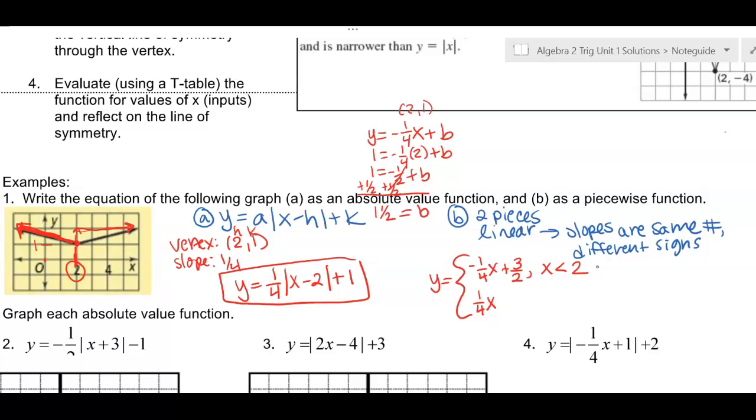And now I want to repeat this process for the branch that's on the right side of 2. And again, I don't see its y-intercept. I don't know that it's going to be easy to count, so I'm going to use the same strategy I just did. For this new line, it's also supposed to cross through the point 2, 1, so I'm going to use that to plug in again. And this will help me solve for the y-intercept.